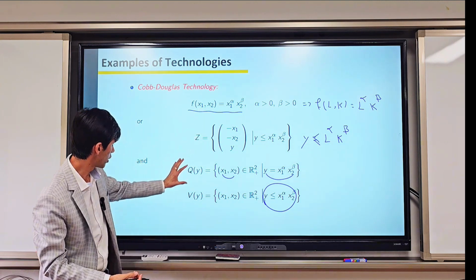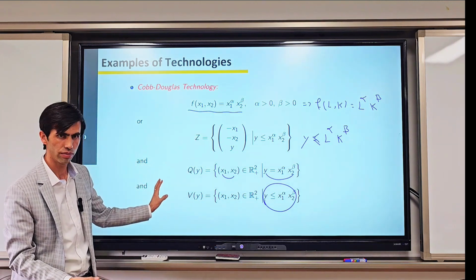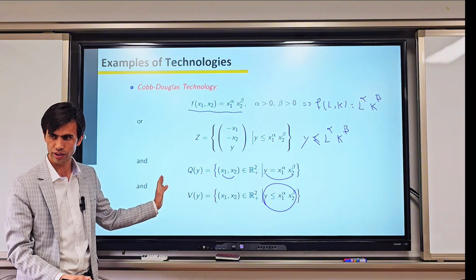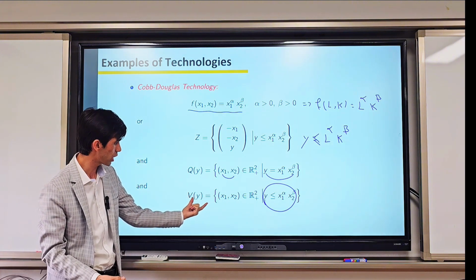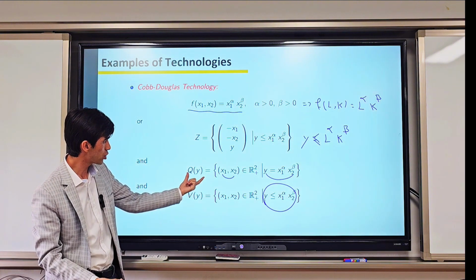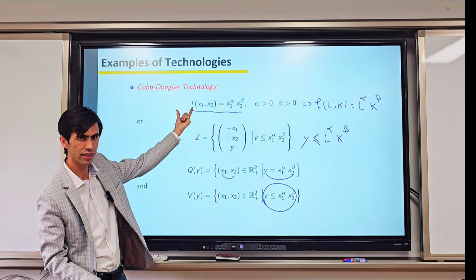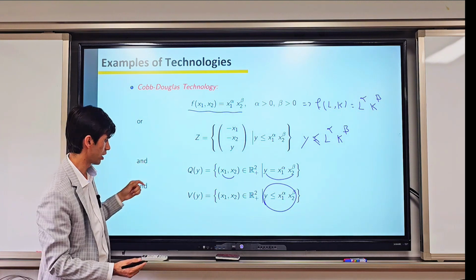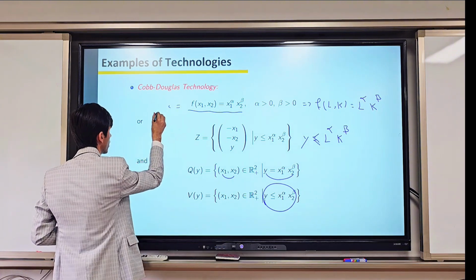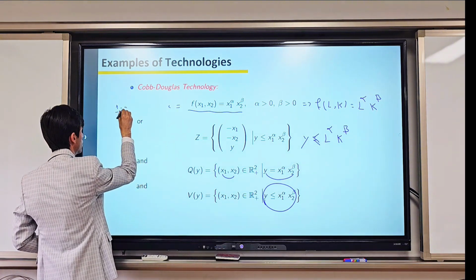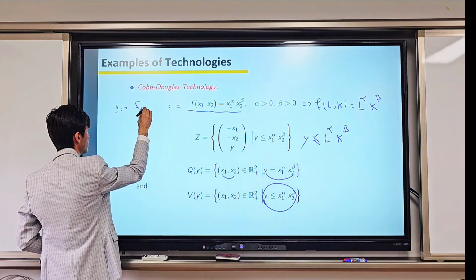So these are the 4 different terms that we used for technology before: the input requirement set, isoquant, production possibility set, and production function. Number 1 is the production function.